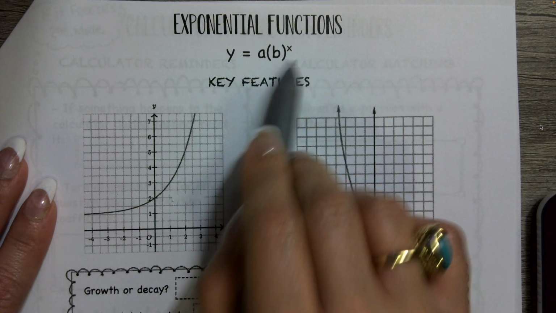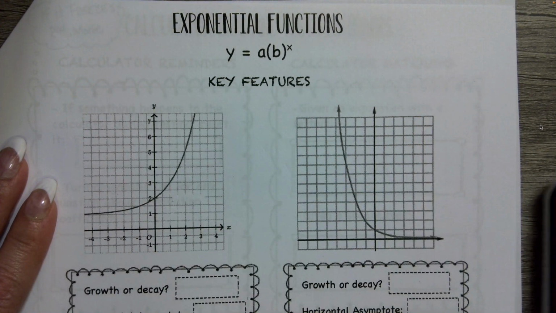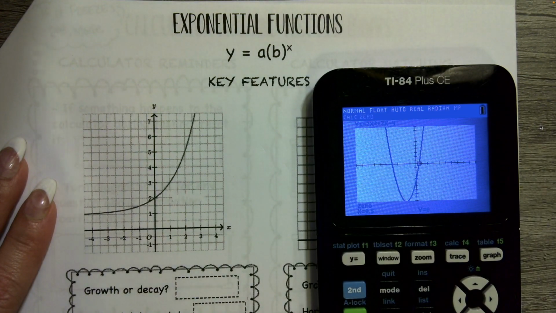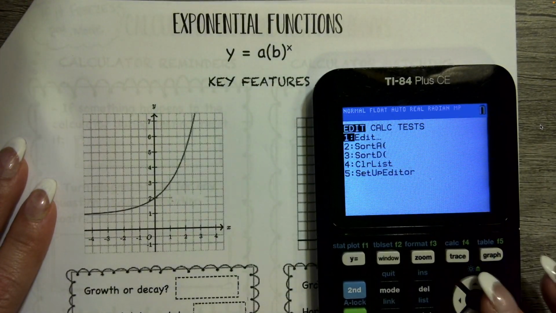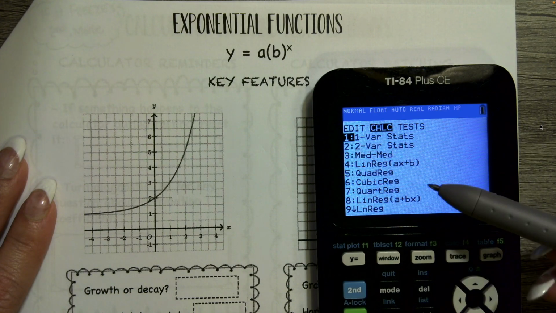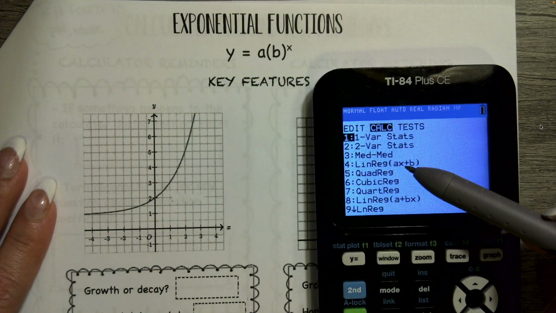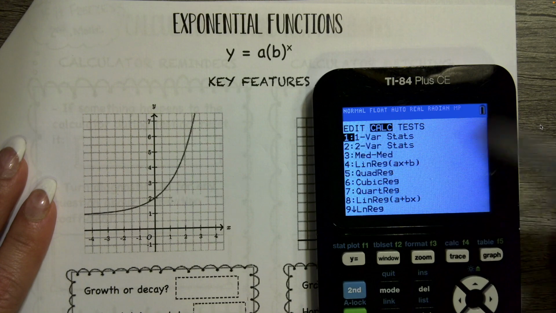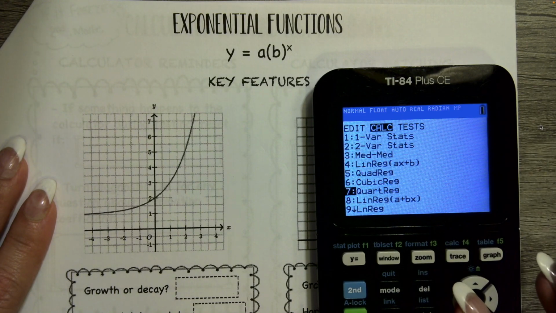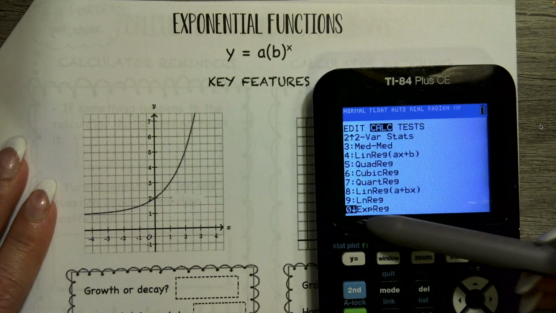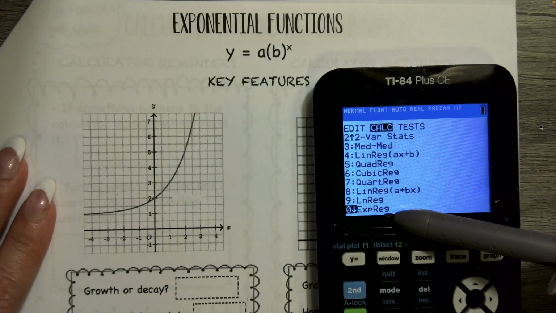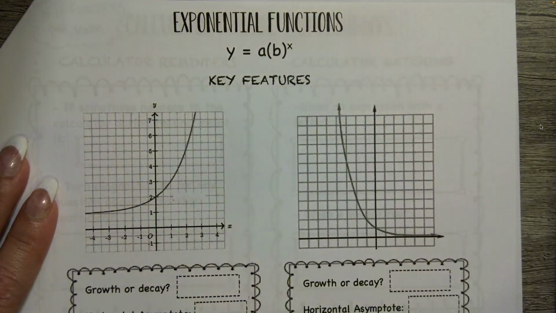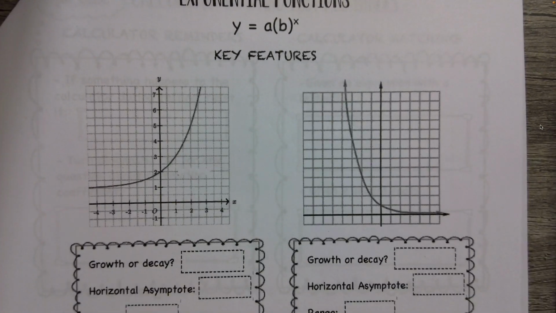And when you go ahead and click on your stat calc, you know that your linear is here, quadratic is here, but if you didn't know, which I'm sure you know, the exponential is here. Okay? So, just wanted to refresh your mind on that one.